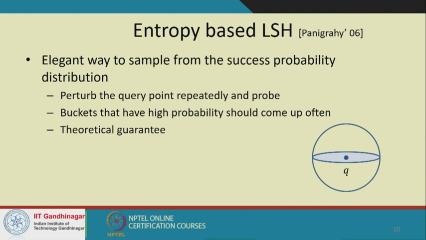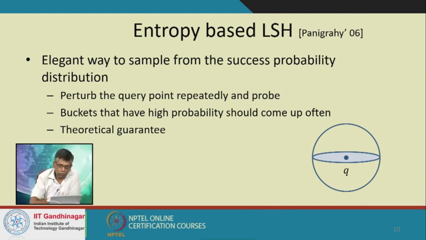And the way to sample is as follows. What he notes is that suppose we take the query point and we build the ball of radius RPQ around the query point. And then we sample multiple points at this radius. And then we hash these points using the same set of hash functions.